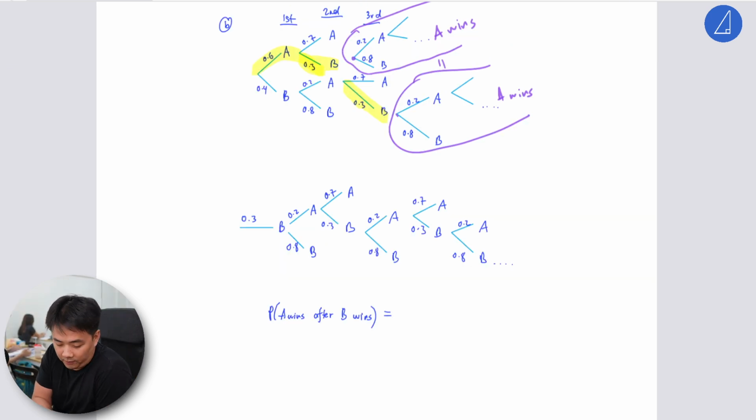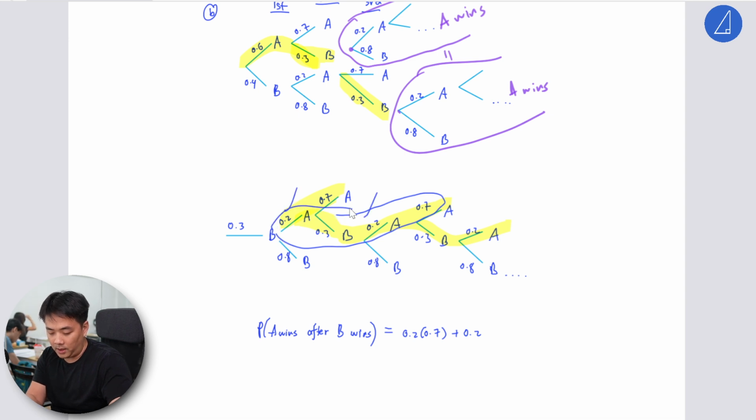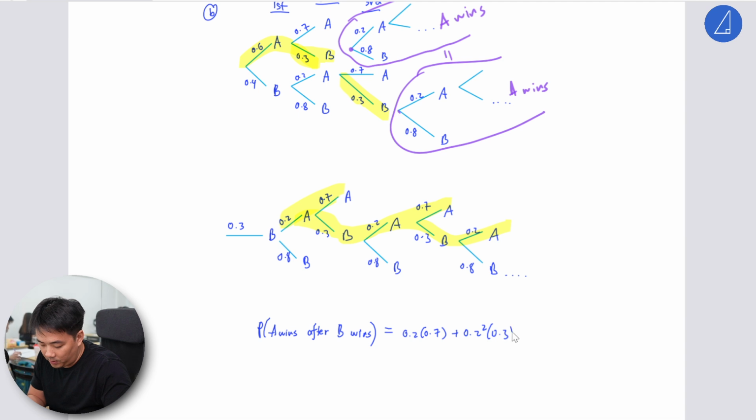So the probability of A winning after B wins will be this guy here. I'm gonna get this guy here, sum this up and sum this up also. So this branch will be 0.2 times 0.7. Then this will be 0.2 squared because there are 2 here, and then 0.3 multiplied by 0.7. Move on.